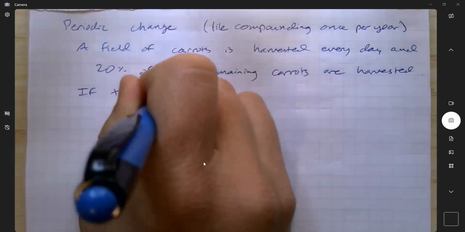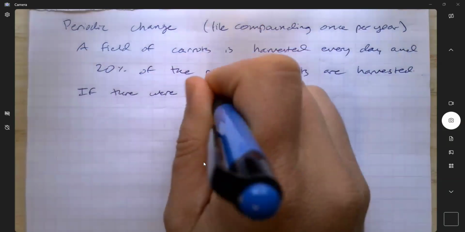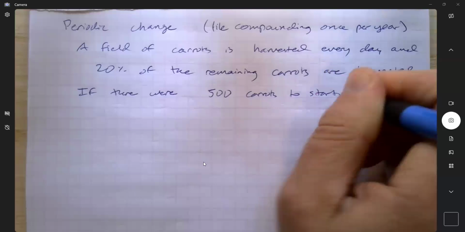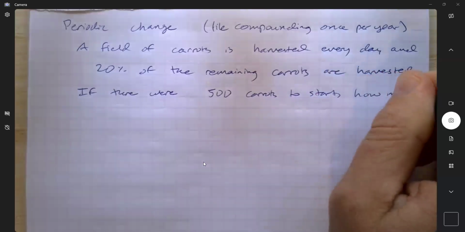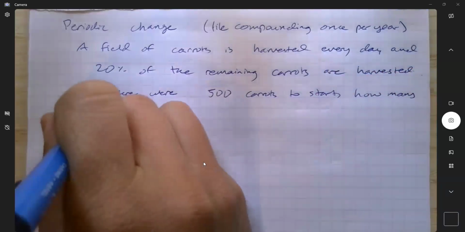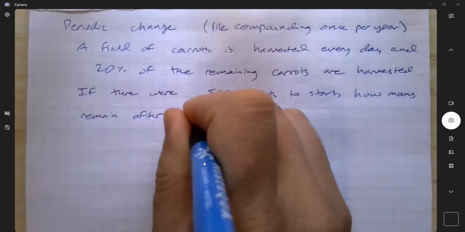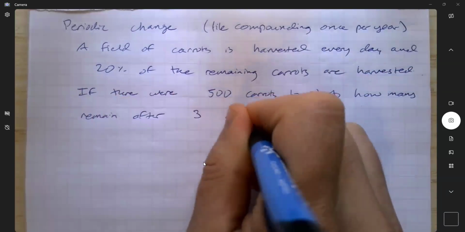If there were 500 carrots to start, how many remain after, let's say, 3 days?